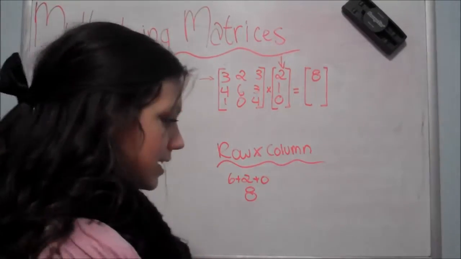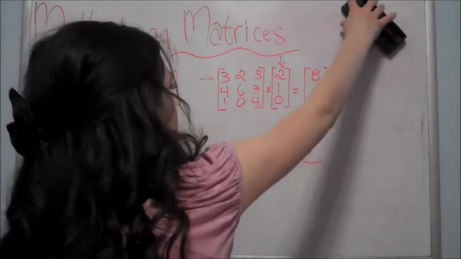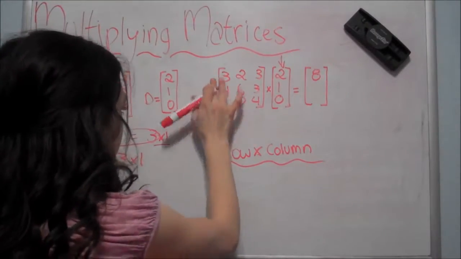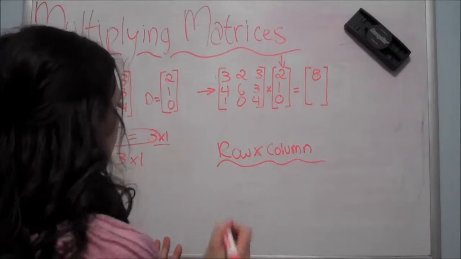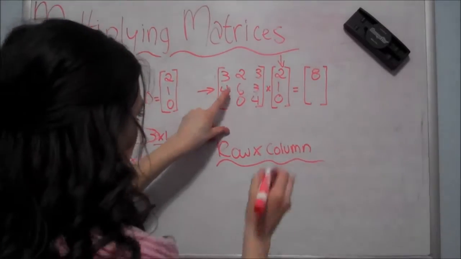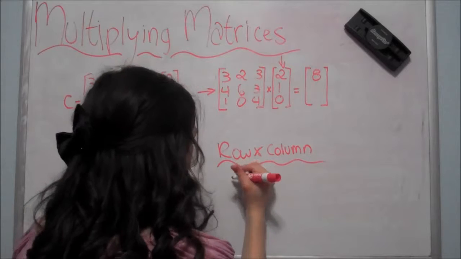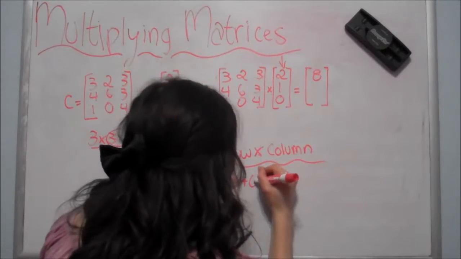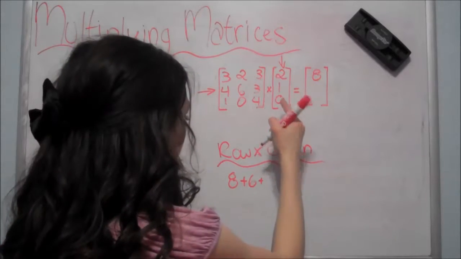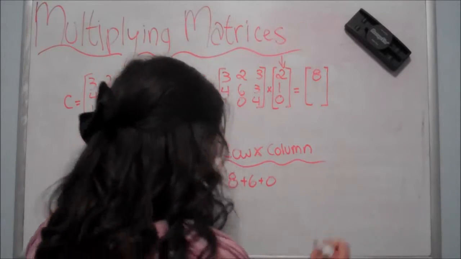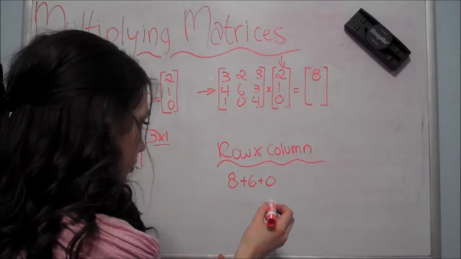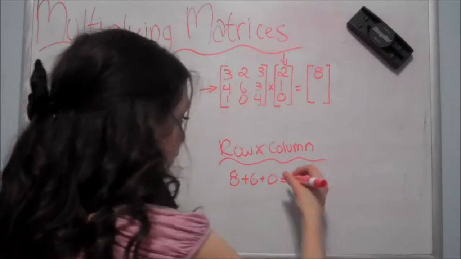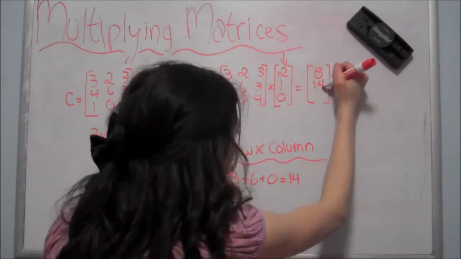So the first one's going to be 8. Alright, now we're going to take the second row. So 4 times 2 is 8, plus 6 times 1, which is 6, plus 3 times 0, which is 0. So 8 plus 6 plus 0 equals 14. So 14 is going to go on the spot up here.